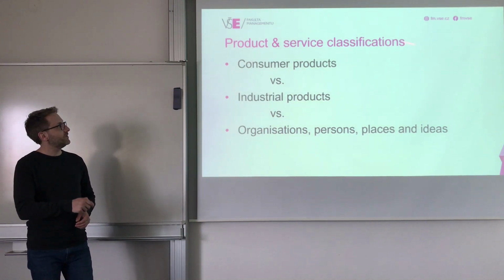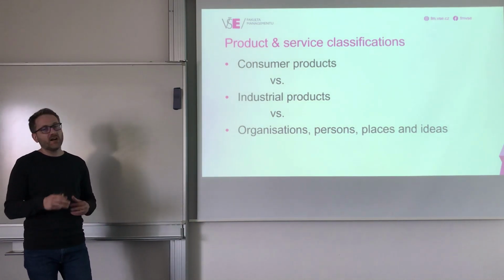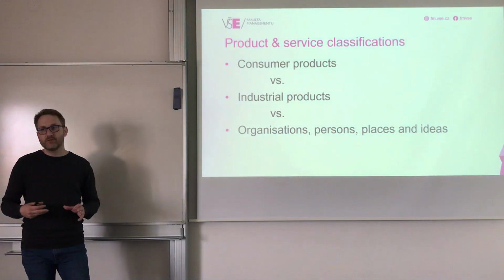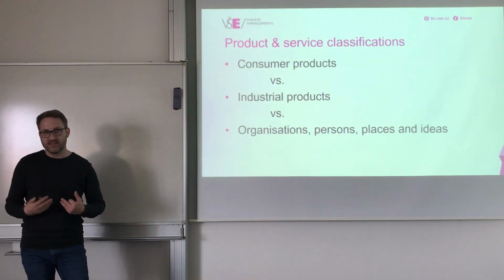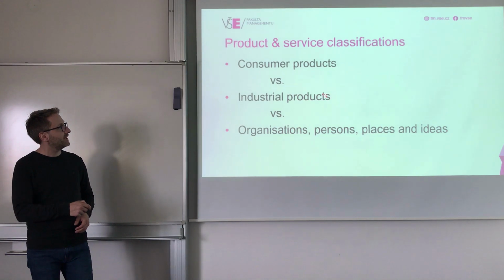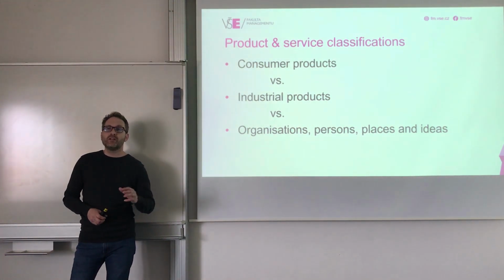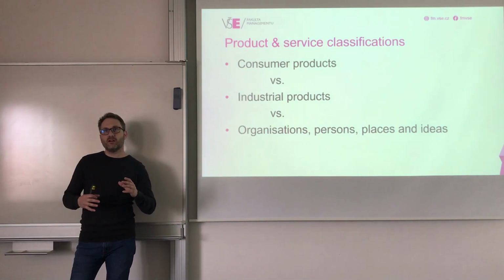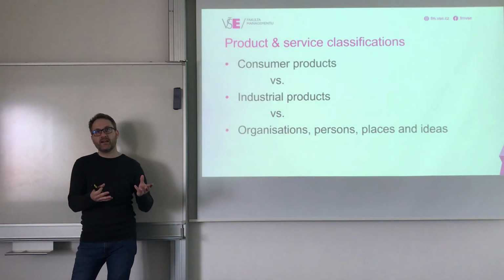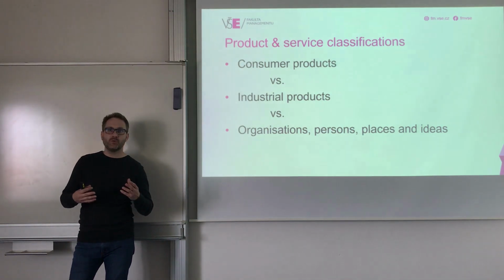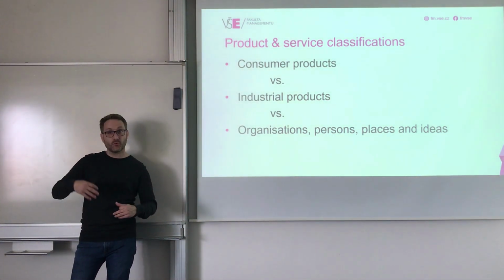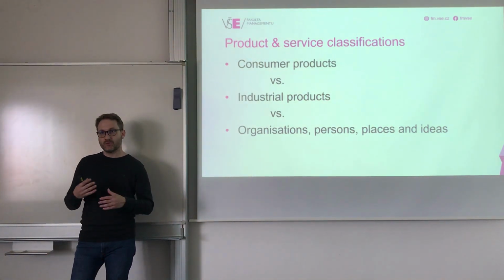Okay, so the first group is the products dedicated to the final consumer, let's say. Then we have what we call industrial products, and those are products which can be used for remanufacturing, or as a source for creating something new, and so on.